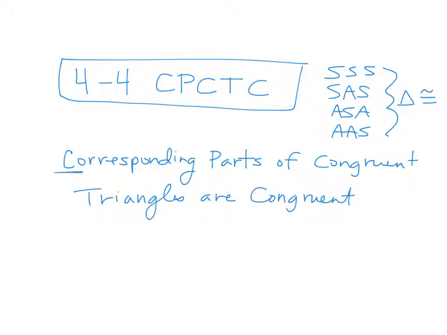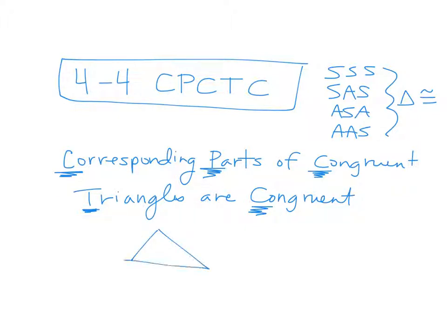Okay, so it's C, P, C, T, C. Okay, now forget about the big words and think about what that's saying to us. Corresponding parts of congruent triangles are also congruent. Okay, so basically what it's saying is this.